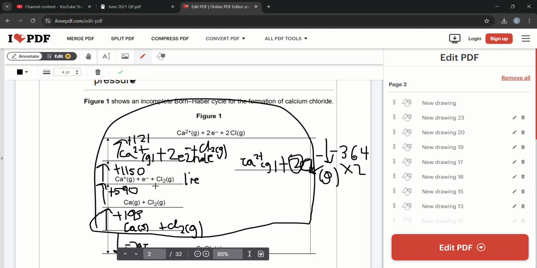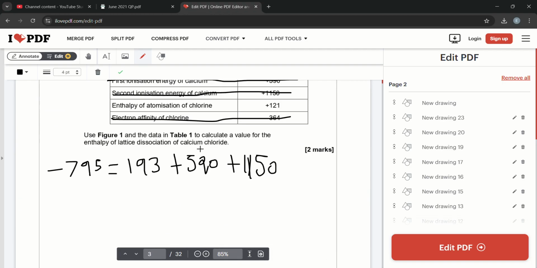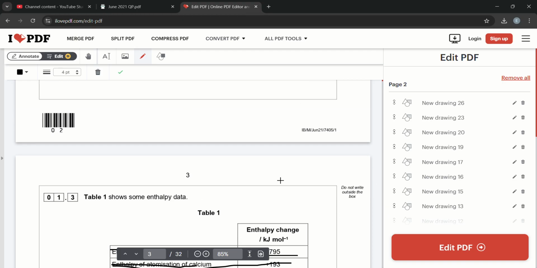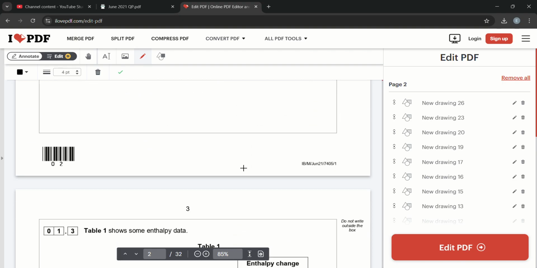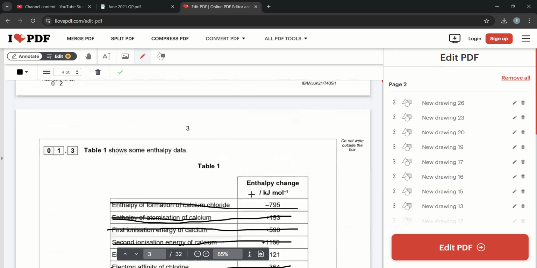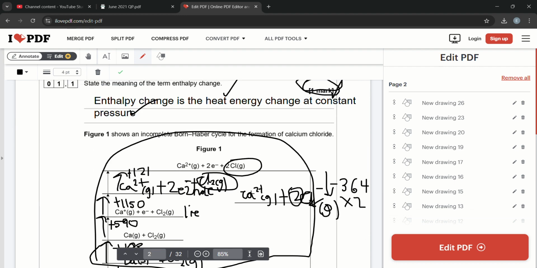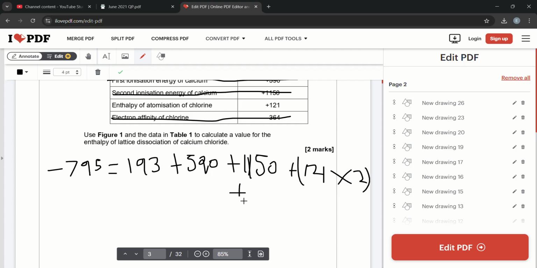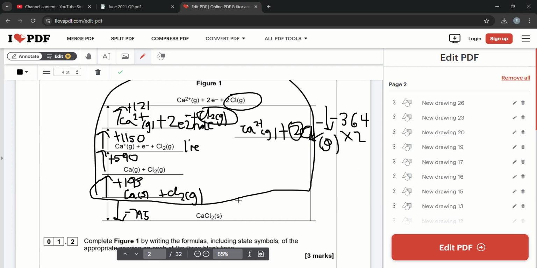Because think about it, we go from Cl2 to 2Cl, so it's going to be that. That tricked me up a bit, but now we got it. 121 times by 2, because it says 2 chlorines, minus, well, actually add 2 times minus 364, minus, well, what is the enthalpy of lattice dissociation of calcium chloride?